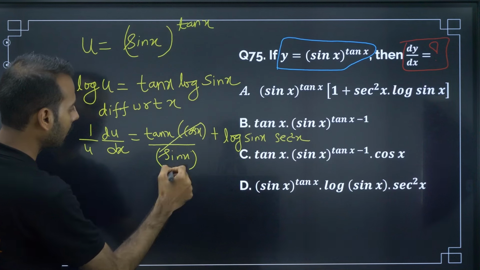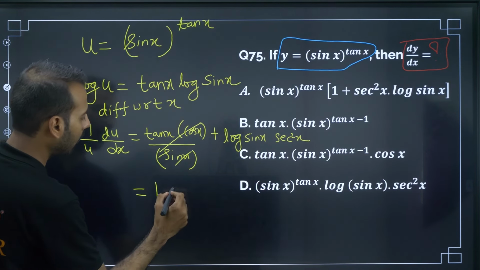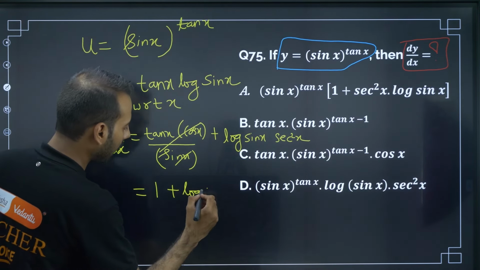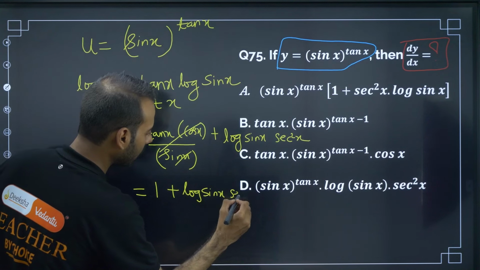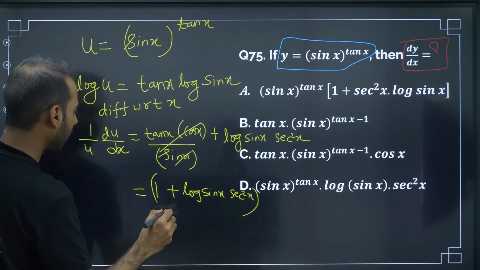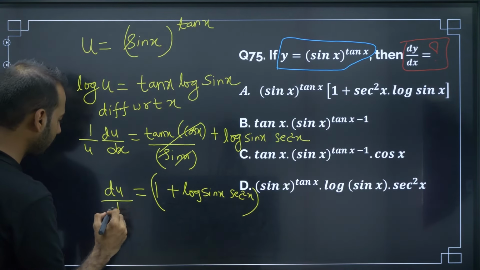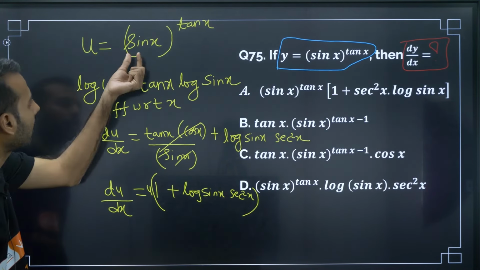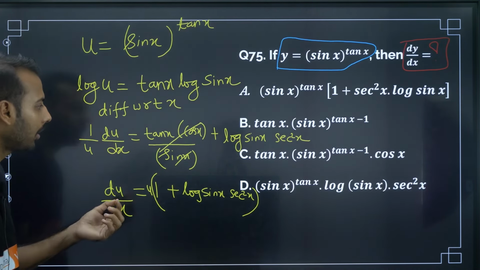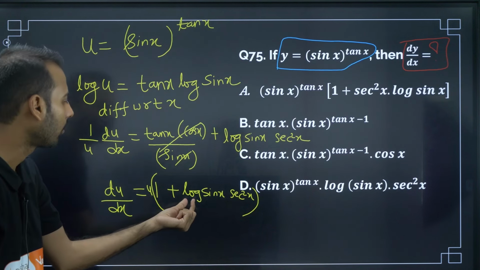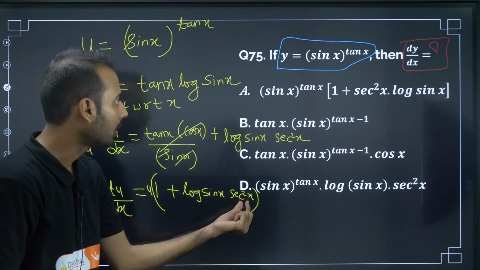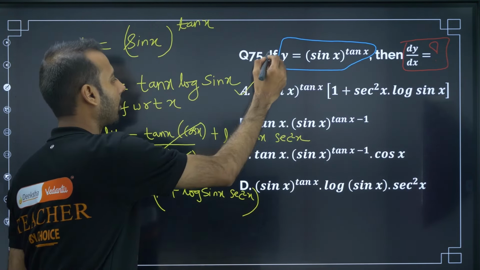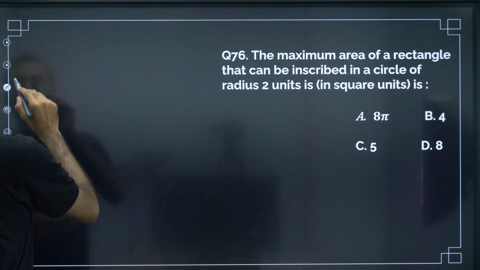So this becomes 1 plus log sin x secant square x, and then du by dx is u. If I place u here, u value is sin x raised to tan x. So is there any such option like sin x raised to tan x, 1 plus log sin x secant square x? Yes, A is the answer for this. Moving on to next question.